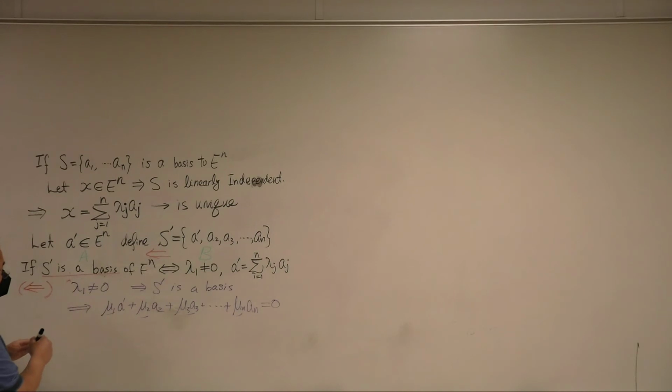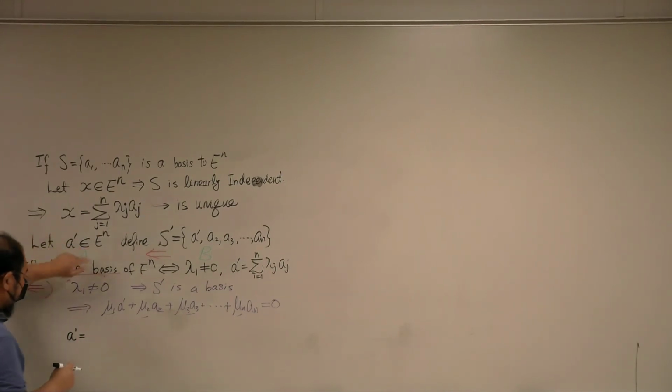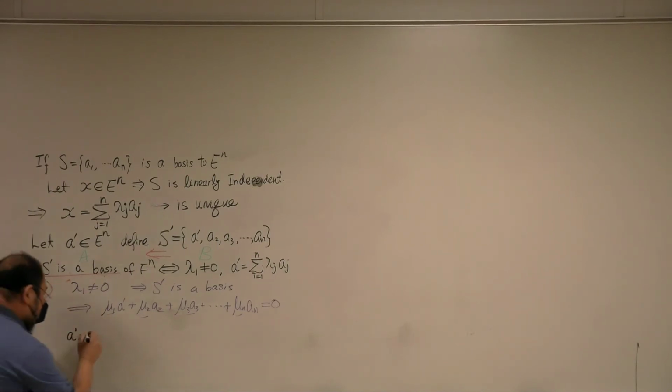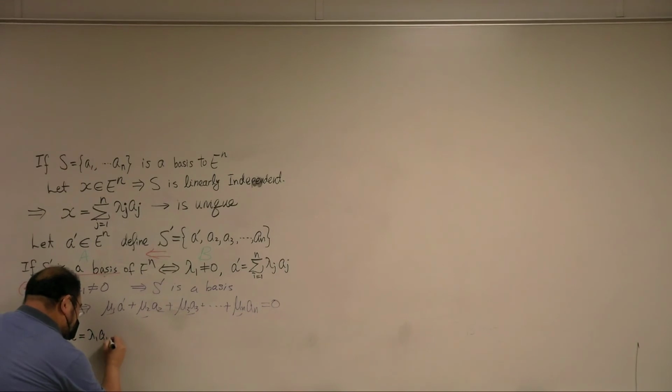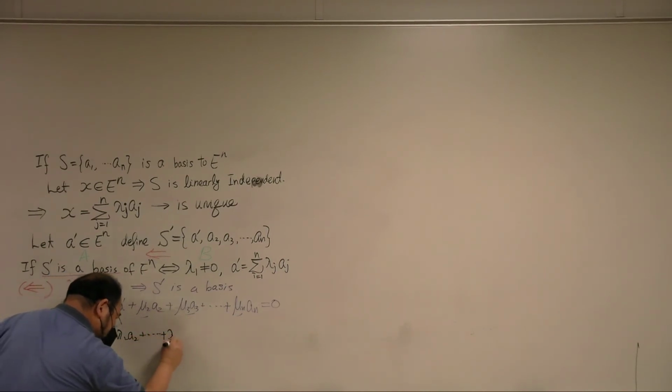So here we have, I'm going to start writing over there. Okay? Since A prime belongs to En, it can be represented as what? A linear combination of lambda 1 times A1 plus lambda 2 times A2 plus all the way to lambda n times An.